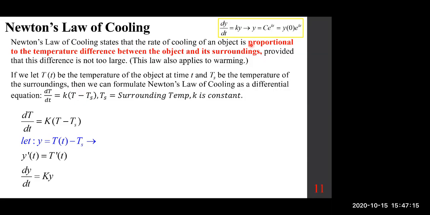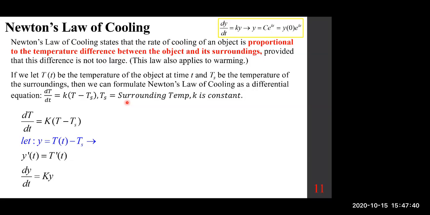Proportional to the temperature difference between the object and its surroundings, capital T minus T sub S. Again, T sub S is the surrounding temperature, and k is a constant. So it's important for everybody to understand what we are looking at here, class, okay?